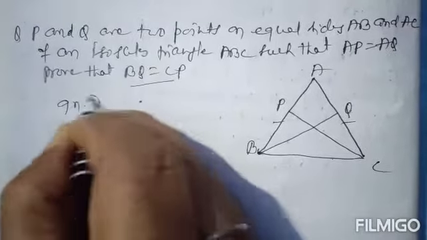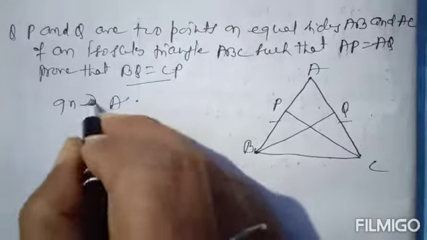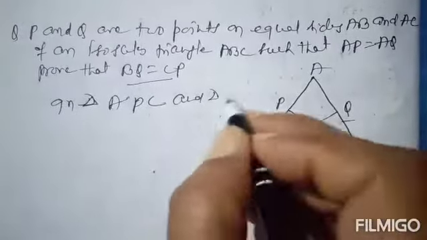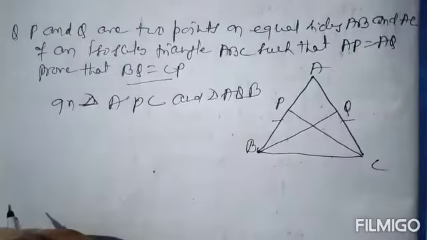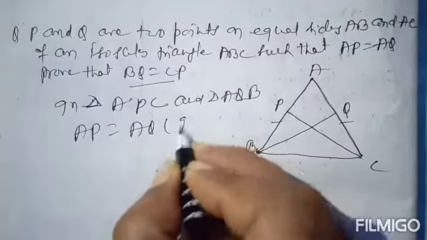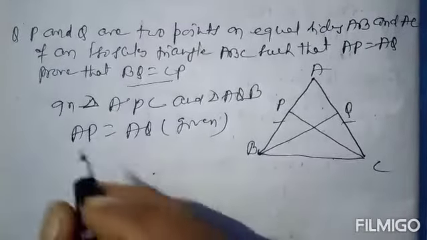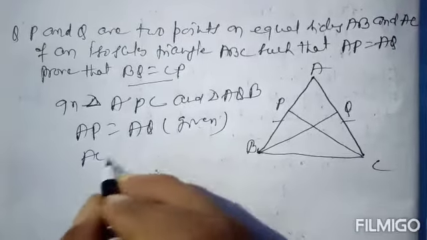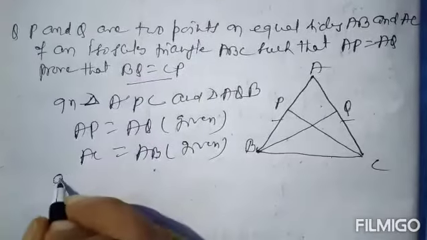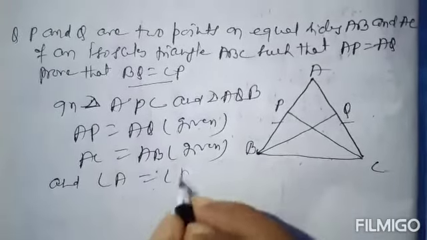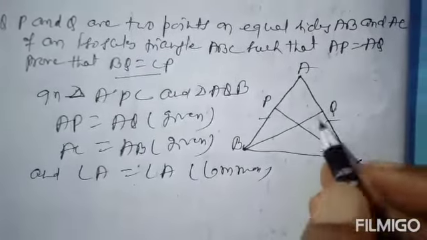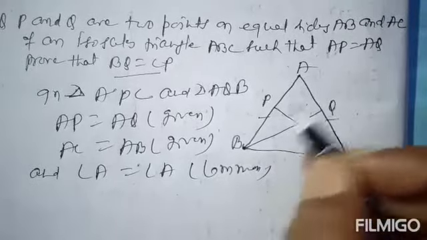Here in triangle APC and triangle AQB, AP is equal to AQ, given. AC is equal to AB, also given equal. And angle A is common in both triangles APC and AQB.